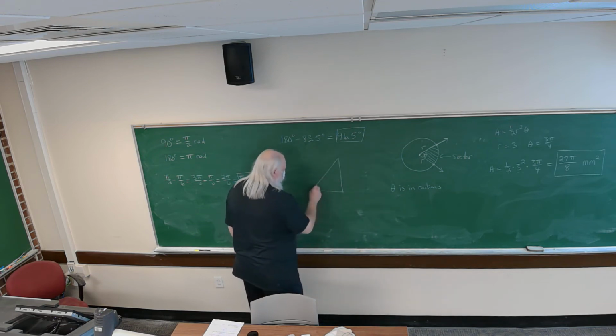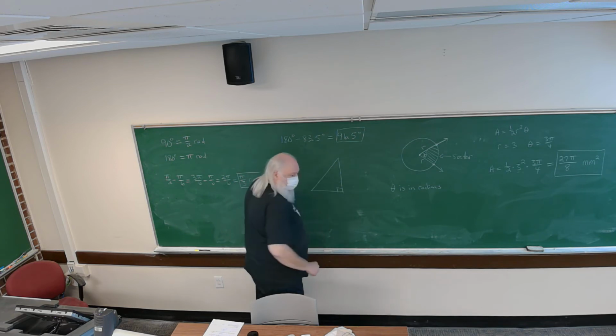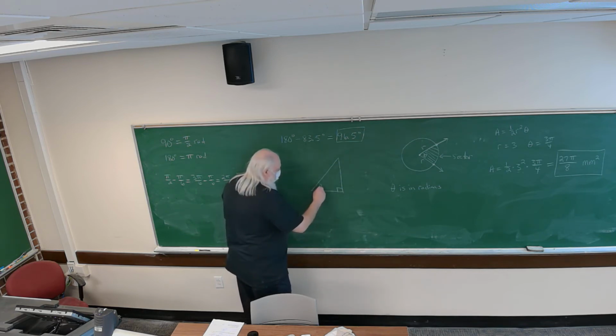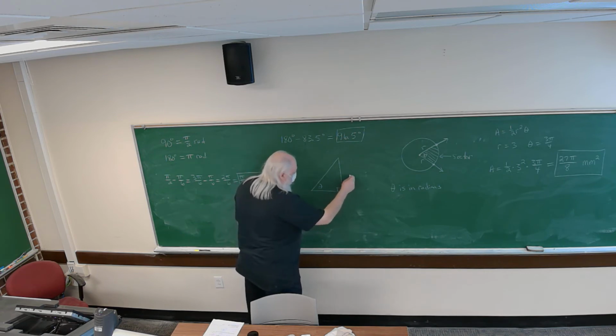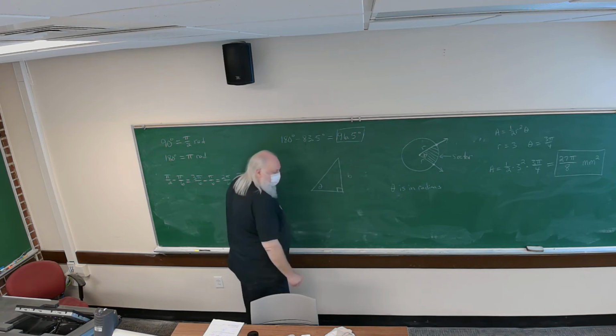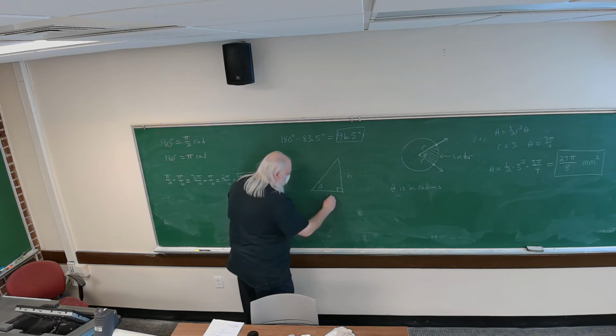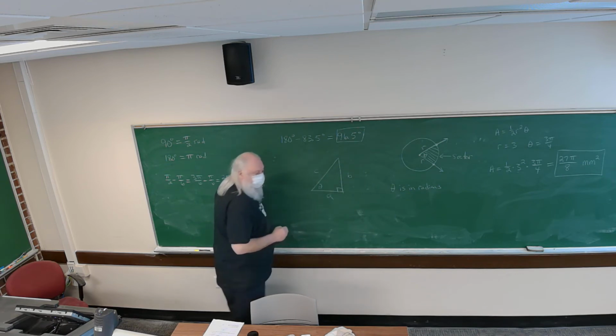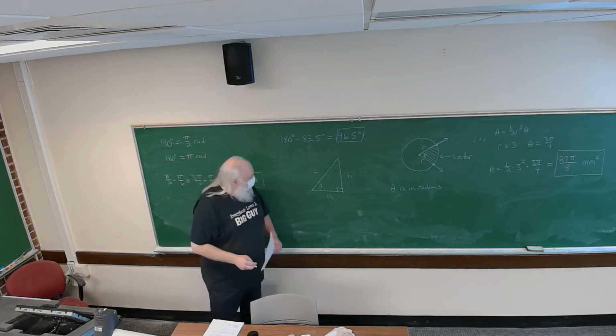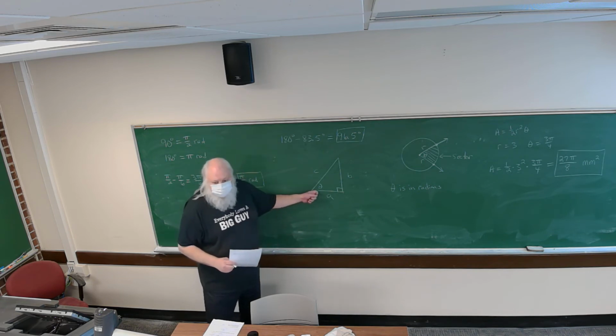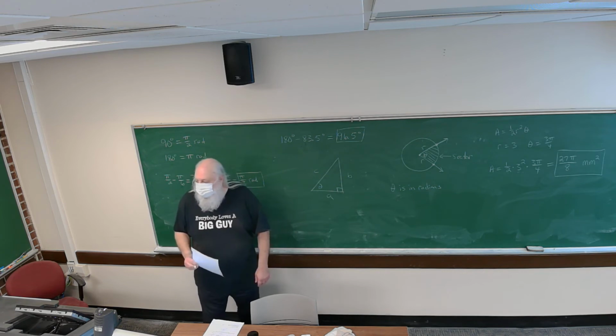Here's the right triangle. Right triangles have a 90-degree angle. And this is the angle theta. This is called the opposite side, and it has a length of B, and this is the adjacent side, which has a length of A. And that's the hypotenuse. And you learned about the cosine of theta and the sine of theta using the three sides of a right triangle.